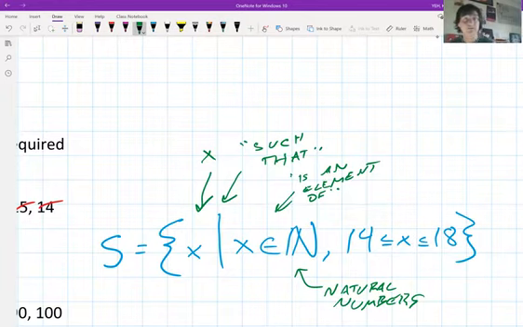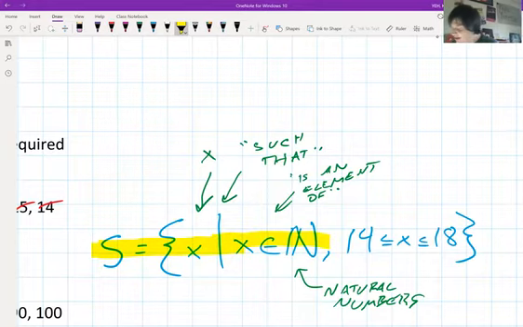So let's read what we have so far. S is the set of x's such that x is an element of the natural numbers, so it has to be one of those positive integers, comma, 14 is less than or equal to x is less than or equal to 18, meaning x is a natural number and it's in between 14 and 18 inclusive, including both of those boundaries.